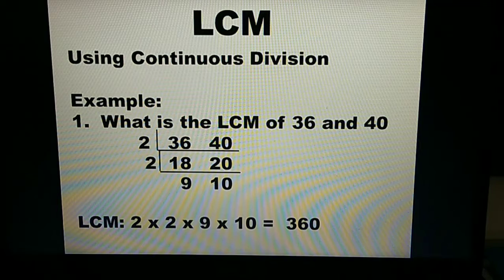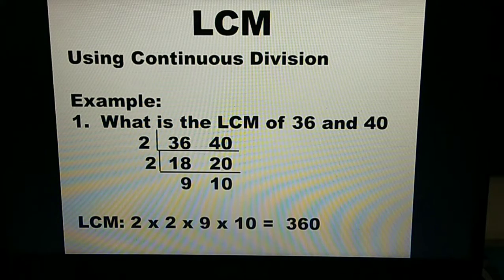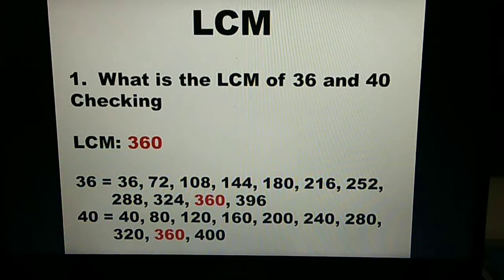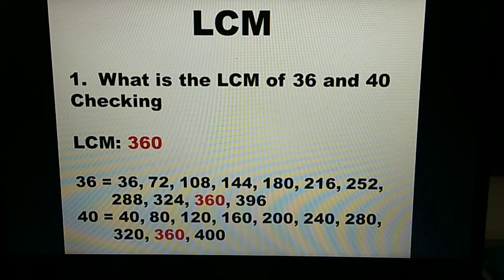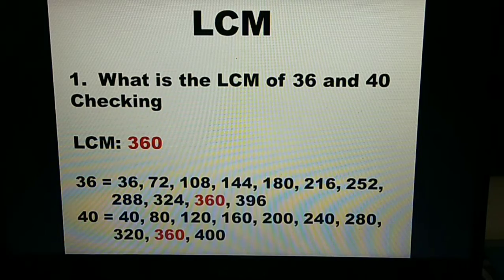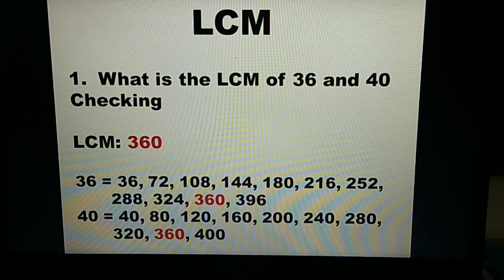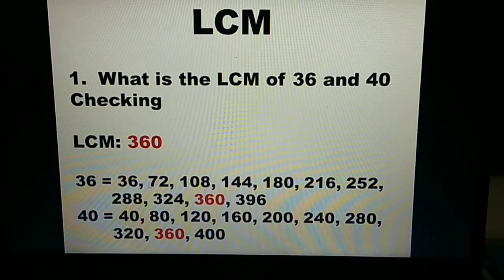Now, how to do the checking if 360 is really the LCM of 36 and 40? So, let me show you. Okay. This time, since this is the least common multiple, we are going to list all the multiples of 36 and 40, similar to skip counting by 36.